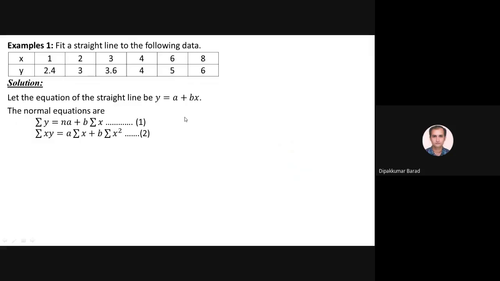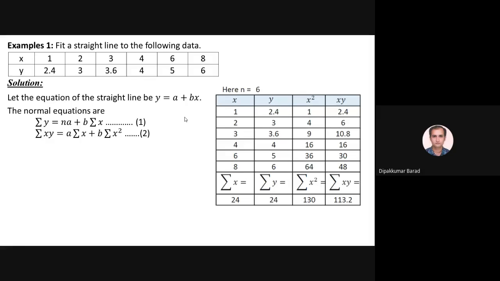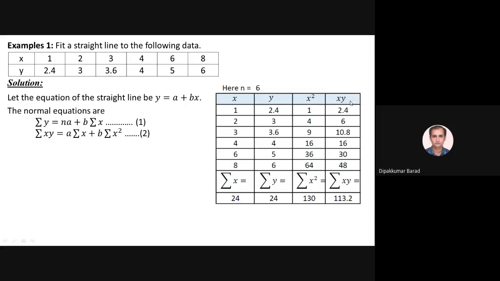Now x and y are given, so we have to draw a table and find x square and xy, as we require summation xy and summation x square. From x we find x square: 1 square is 1, 2 square 4, 3 square 9, 4 square 16, 6 square 36, and 8 square 64.